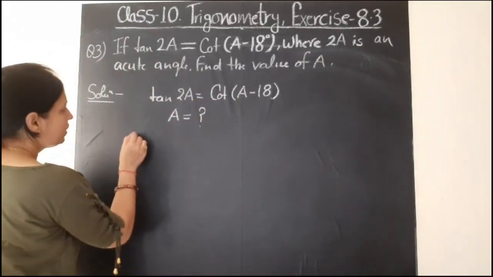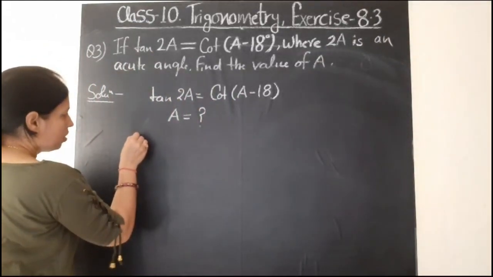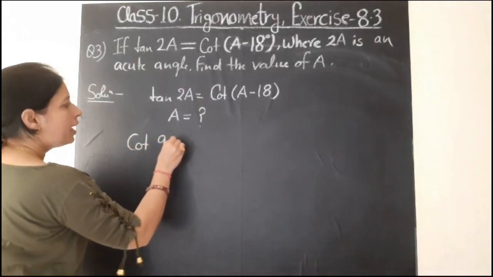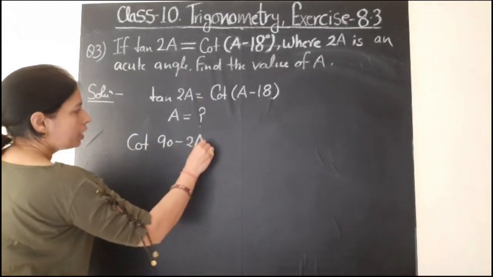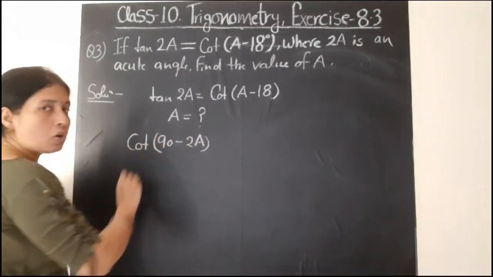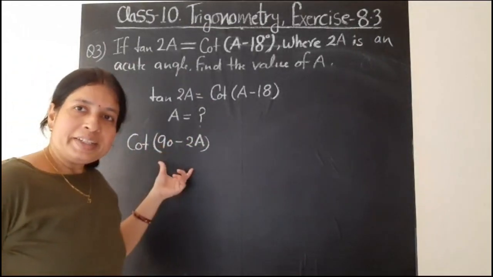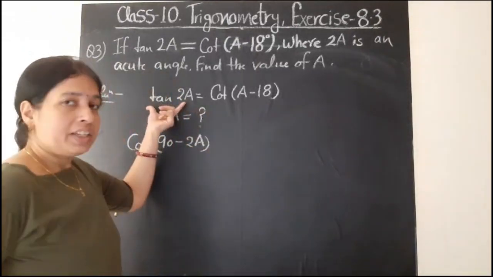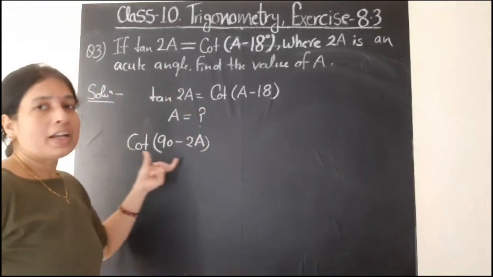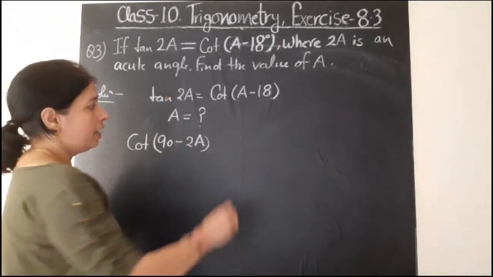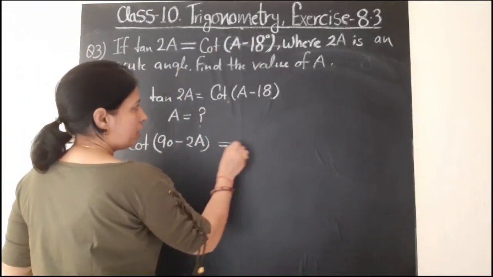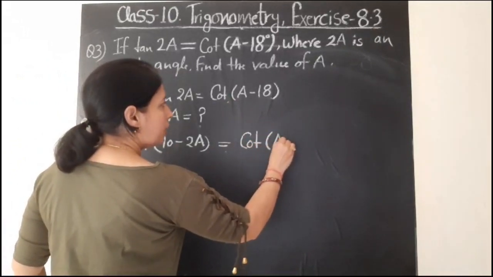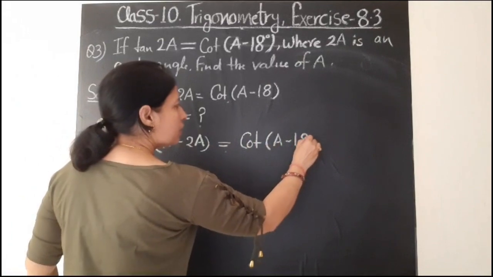So you can write cot 90 minus 2a, because cot 90 minus a is equal to tan a. So for this tan 2a, you can write cot 90 minus 2a and write this one the same. So it is cot a minus 18.